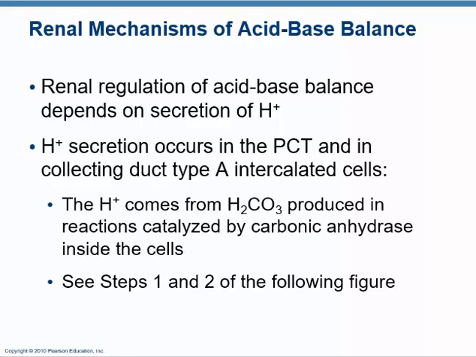Now, what's interesting is the way we maintain our pH when you're in metabolic acidosis, so too much acidity, then you will actually compensate by hyperventilating to try and go into respiratory alkalosis to compensate. If you're in metabolic alkalosis, then you end up with apnea.